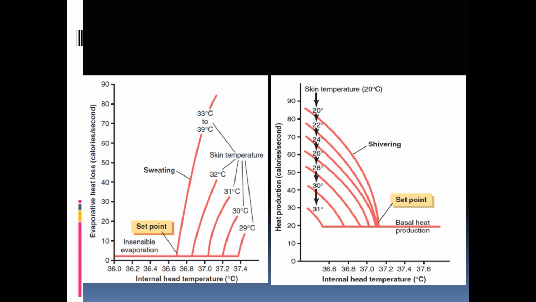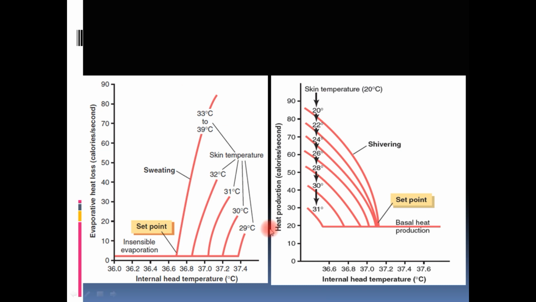In that case, what is going to happen? The set point temperature is going to slide towards a lower temperature, to keep the shivering down, to avoid extra thermogenesis, and to start more heat loss mechanisms, so as to keep the body temperature lower.